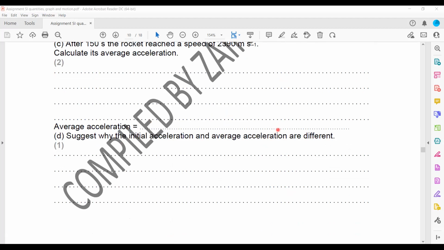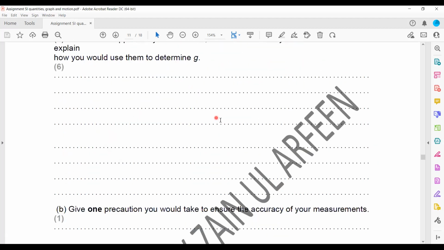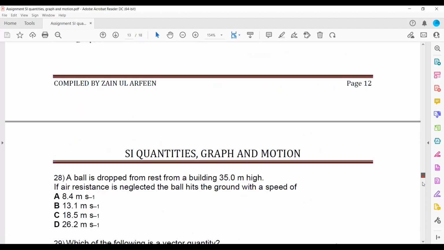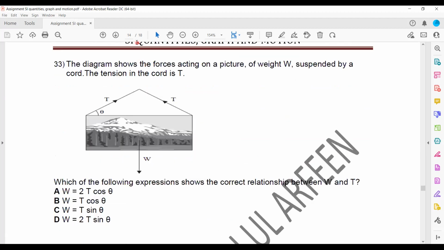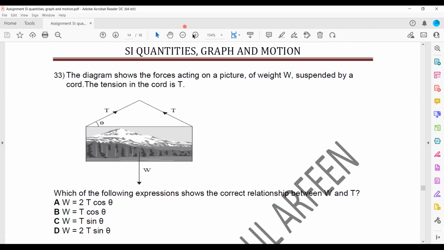Then question 33. The diagram shows the forces acting on a picture of weight W suspended by a cord. The tension in the cord is T. Which of the following expressions shows the correct relation between W and T?